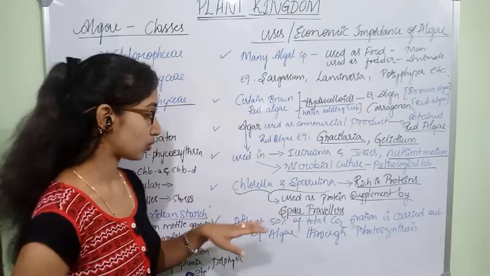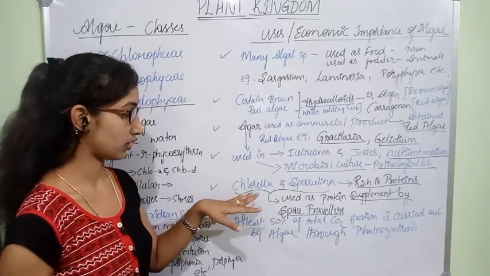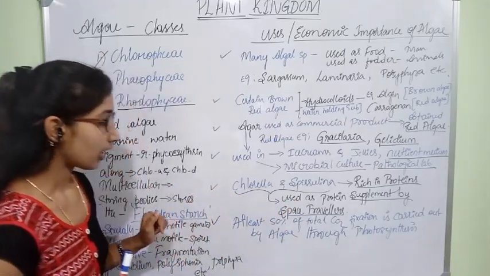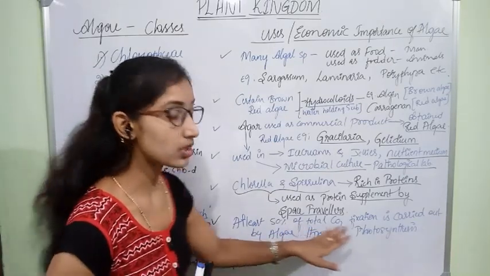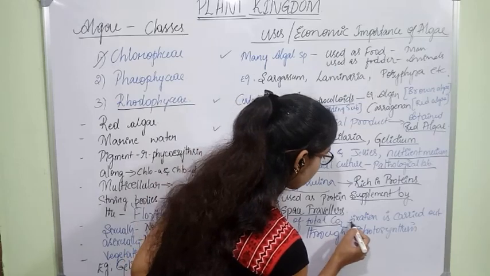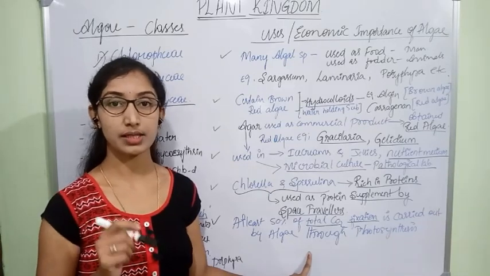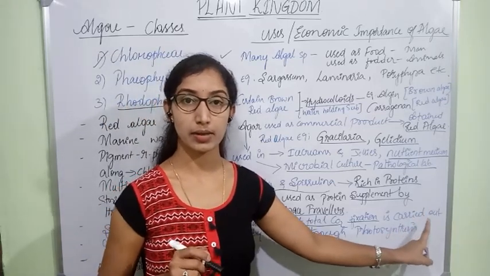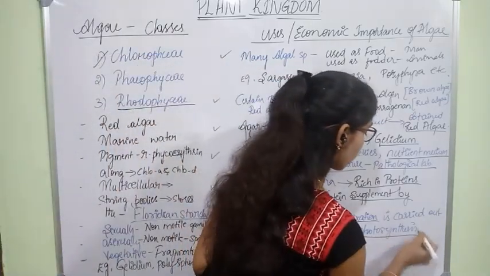And nowadays it is very common, many people take capsules or tablets of Chlorella and Spirulina to obtain protein. And at least 50% of the total carbon dioxide fixation is carried out by the algae throughout the process of photosynthesis.